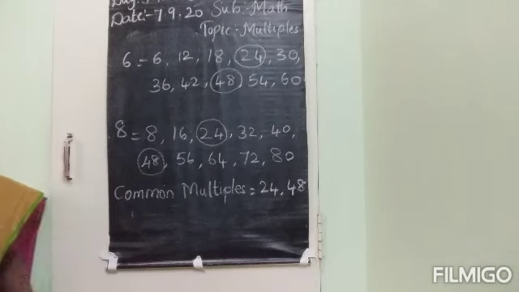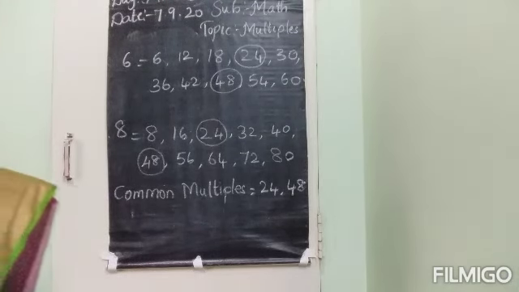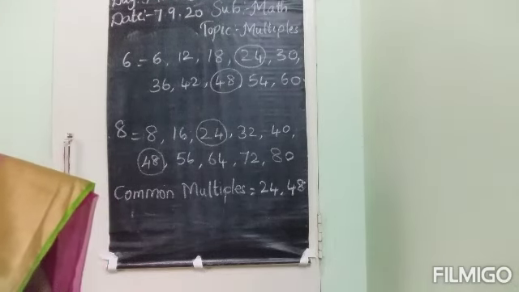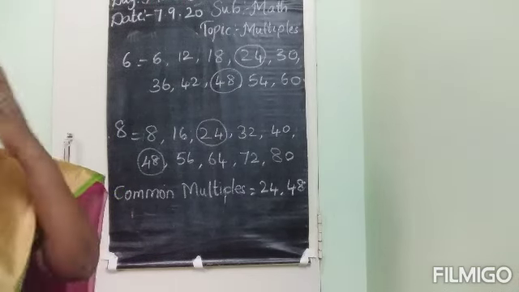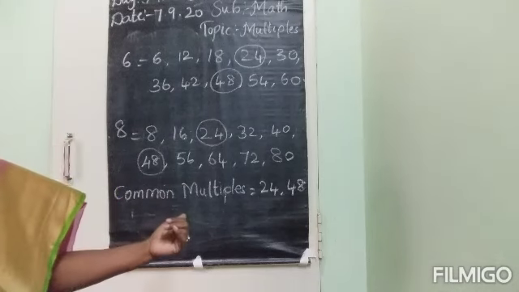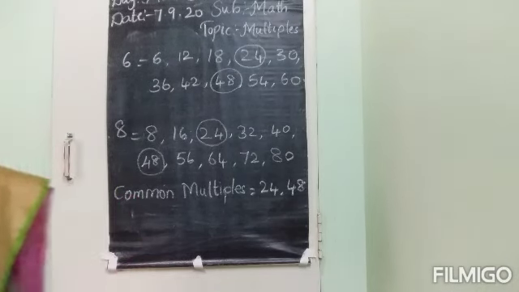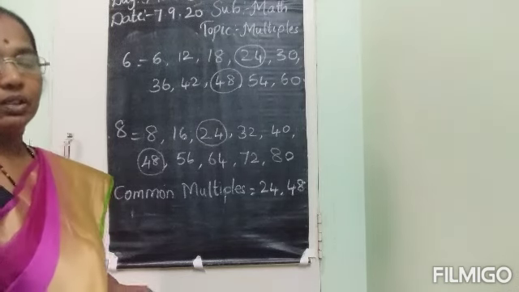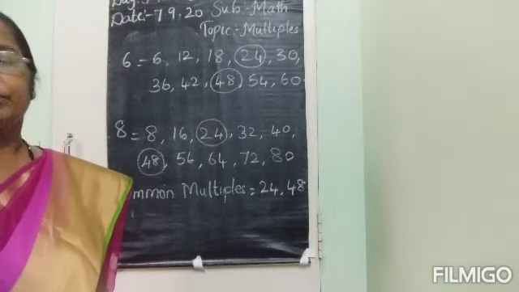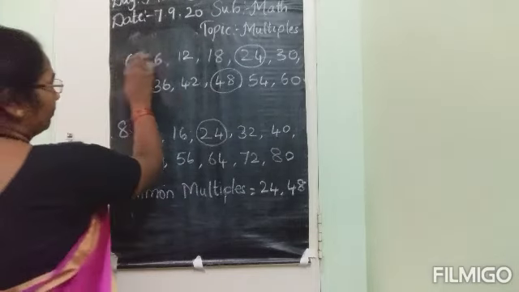This only is the common multiples. Understood, children? So you can do it with any tables you want. Did you understand this? Yes, children. So now we'll see with the next numbers.